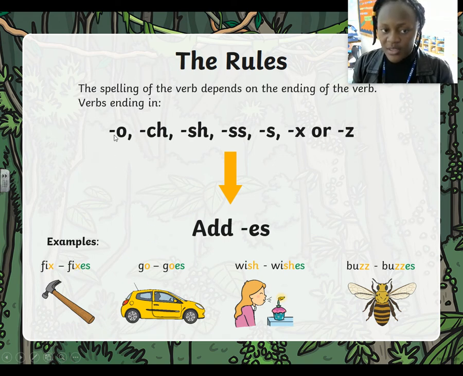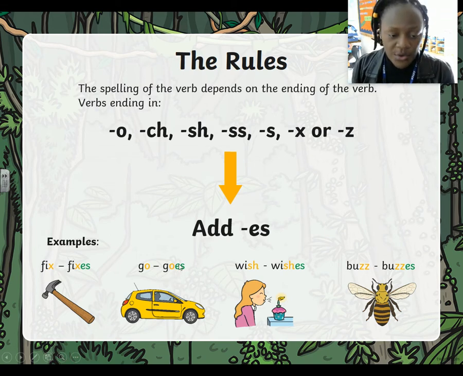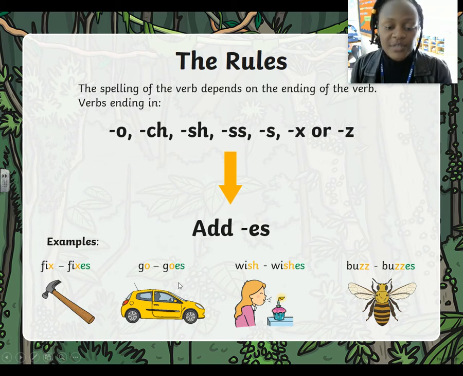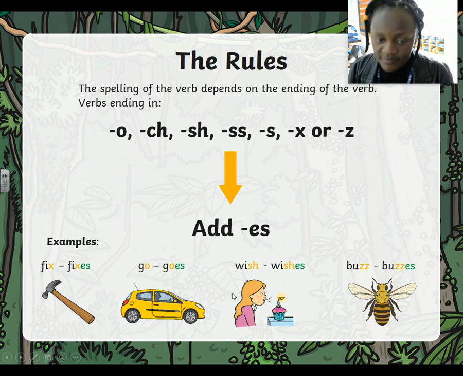Go ends with o, so we'll have to add es to that verb to make it goes. So go becomes goes. She goes to school every day. Wish becomes wishes because wish ends with sh, and we've said that words that end with sh, we add es.